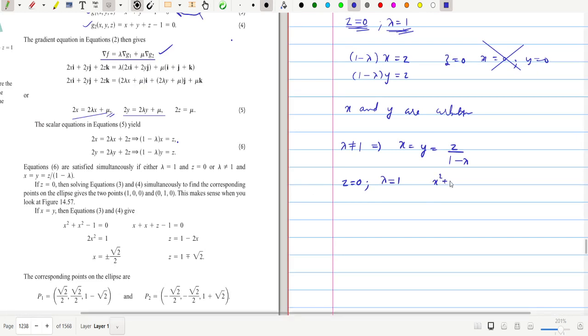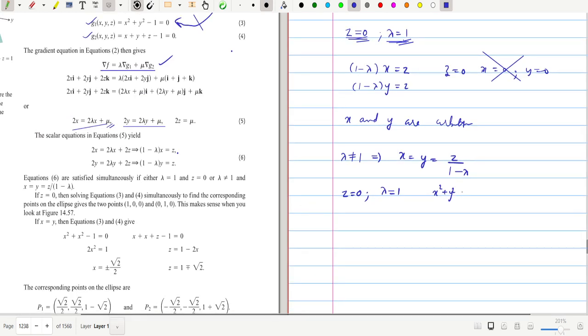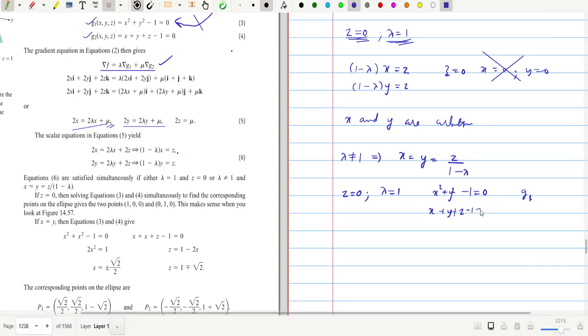G1 gives x square plus y square minus 1 equal to 0, or x square plus y square equal to 1, and this corresponds to g1. And for g2, the constraint is x plus y plus z minus 1 equal to 0. By putting z equal to 0 in this equation, we get x square plus y square equal to 1 and x plus y equal to 1.